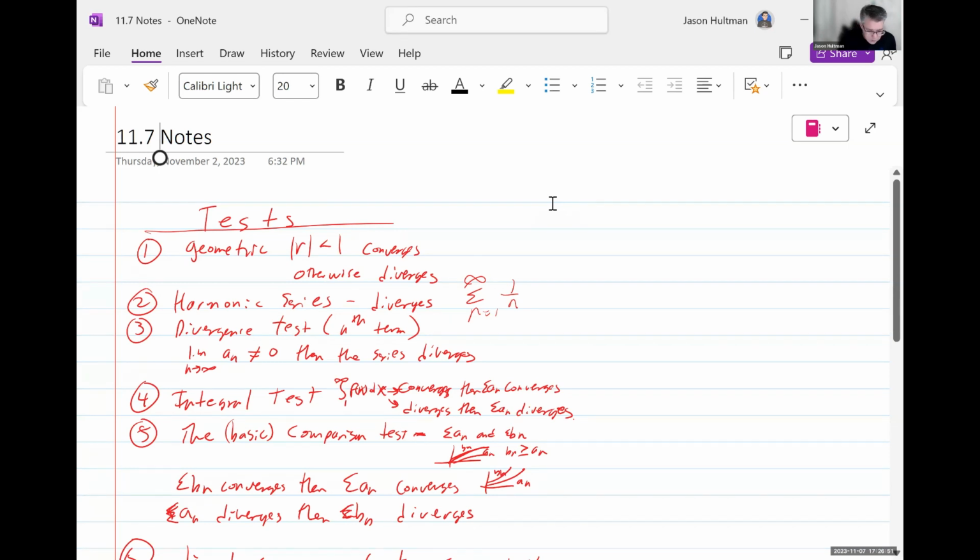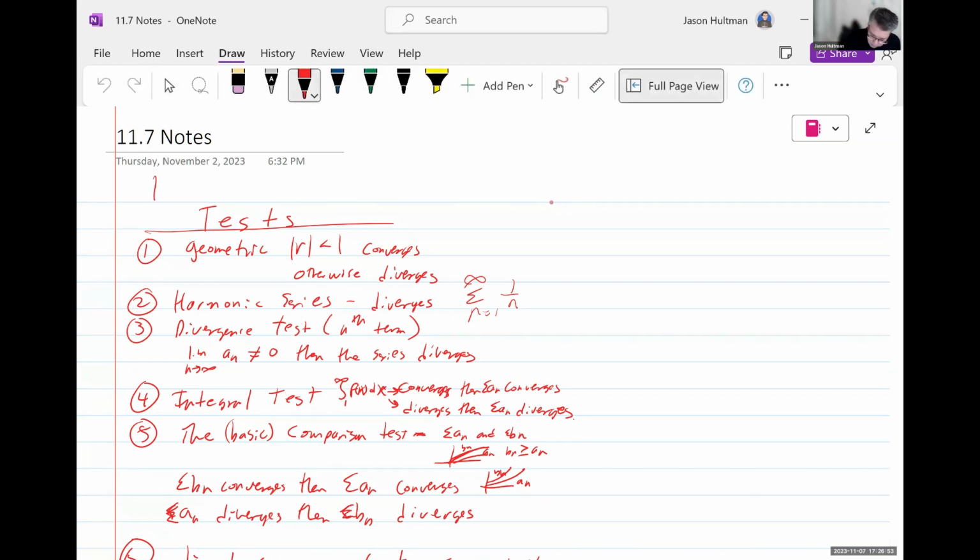So 11.7 is titled Strategies for Testing Series.